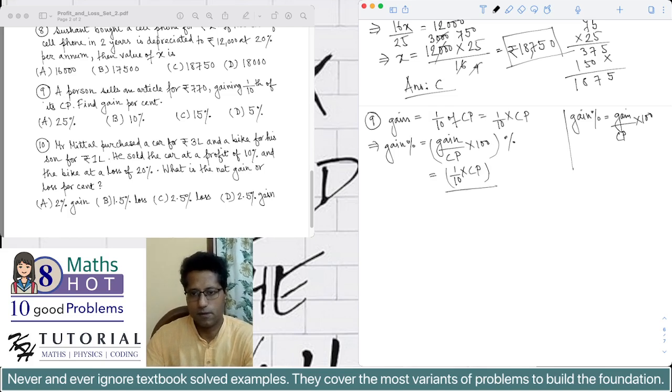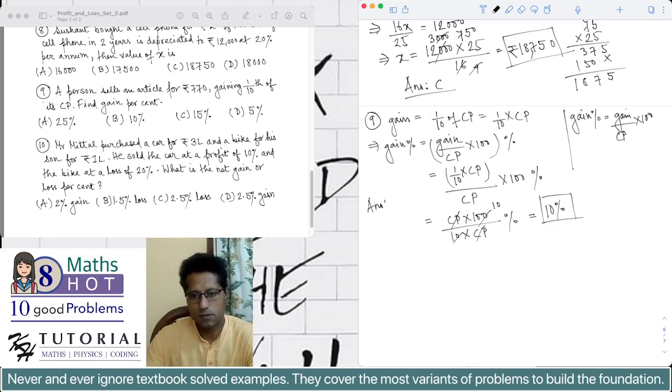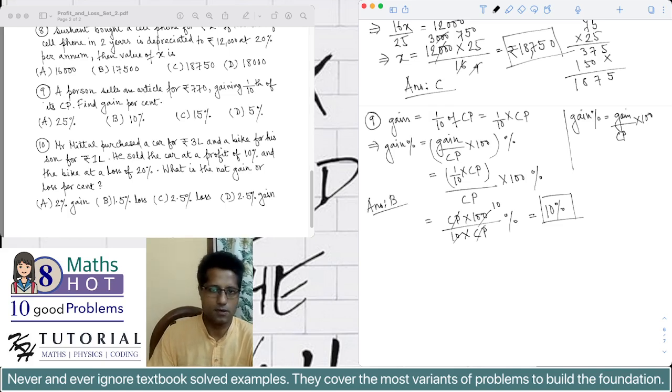So this divided by CP multiplied by 100 percentage. This is equal to CP multiplied by 100 divided by 10 into CP percentage. CP cancels out, 10 divides 100 with 10. So this is equal to 10 percentage. So the gain percentage is 10. Therefore, the correct choice is B. B is the correct choice.